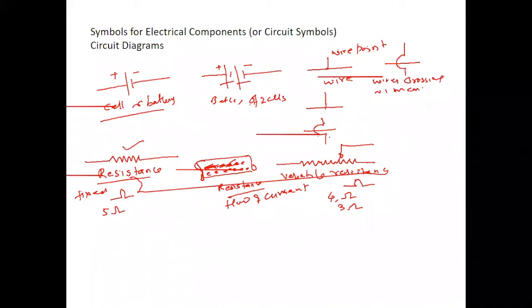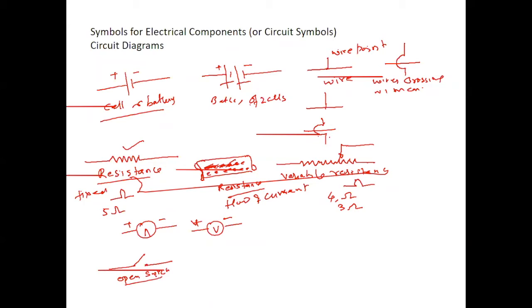Okay, clear? Then is an ammeter. This is plus minus always. Then voltmeter, again it's plus minus. And then is a switch. As I explained in the previous slide, this is an open switch or off switch.